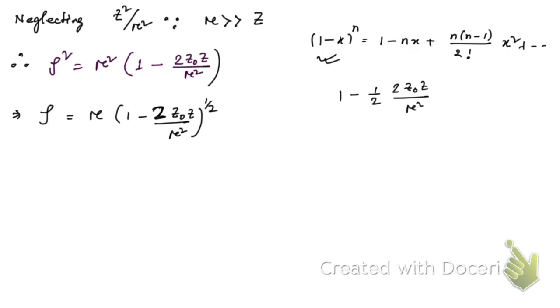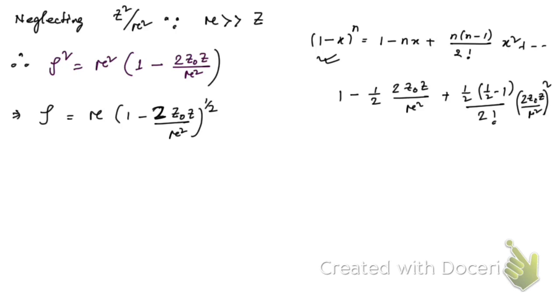In the next term we're going to get half into half minus 1 by factorial 2, then 2 z naught z by r square whole square.